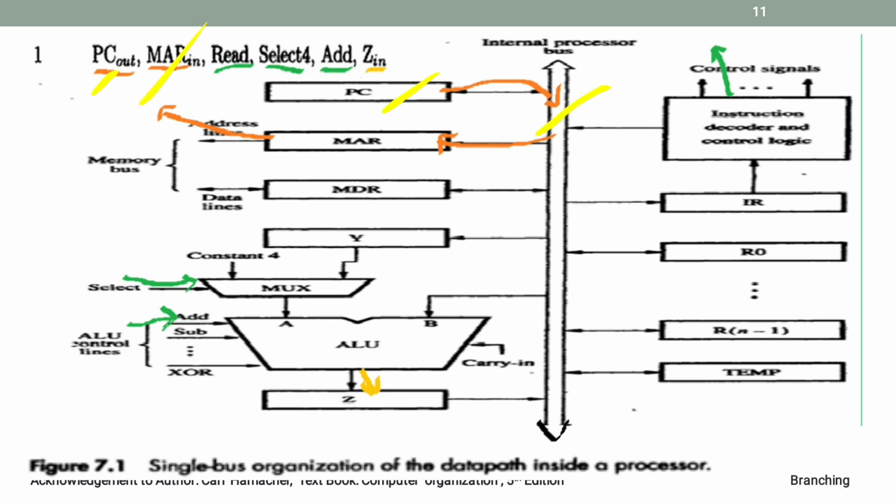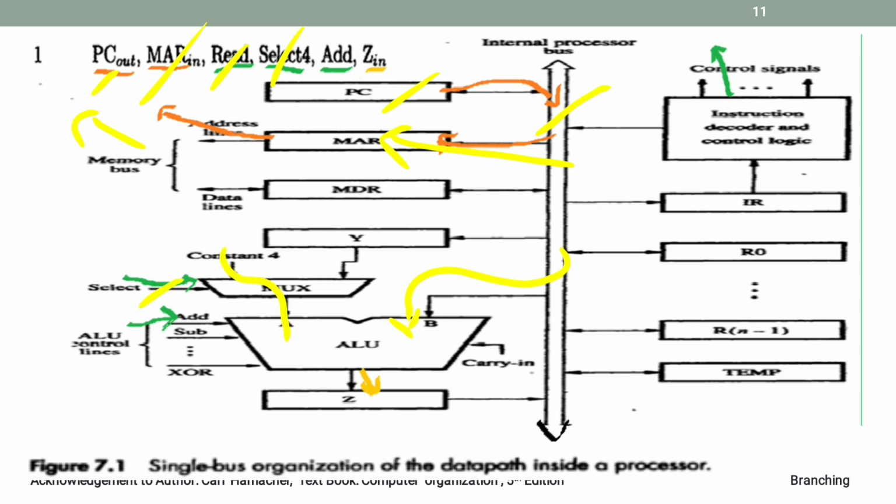Then MAR in, that is saved in the memory address register, that is also available on B input of ALU. Then the read signal is given, this is a control signal that goes to memory, because the instruction stored at 2000 has to be loaded onto the IR register here. At the same time, select for control signal is given.